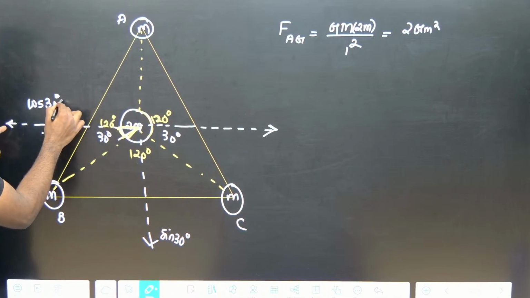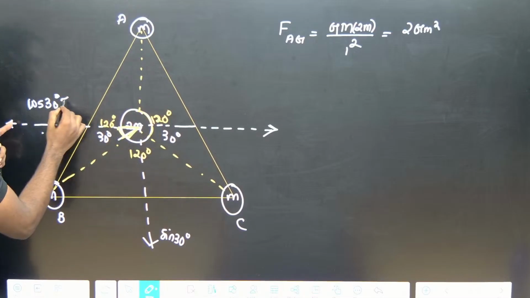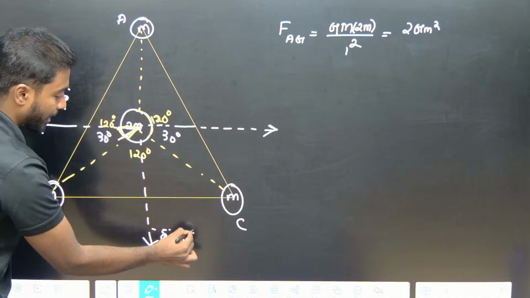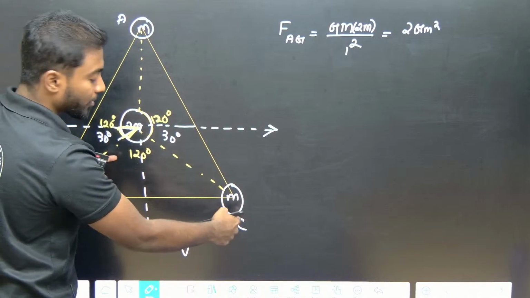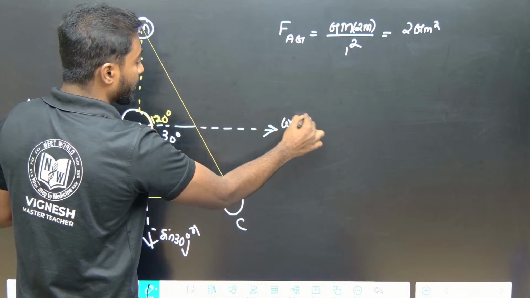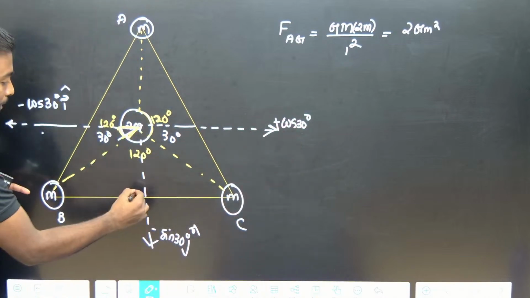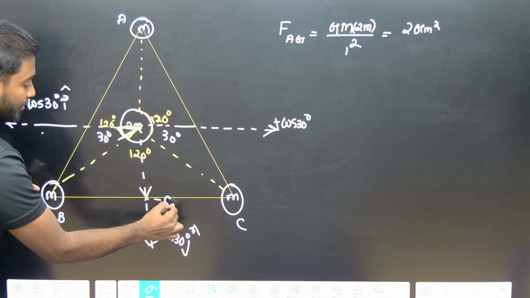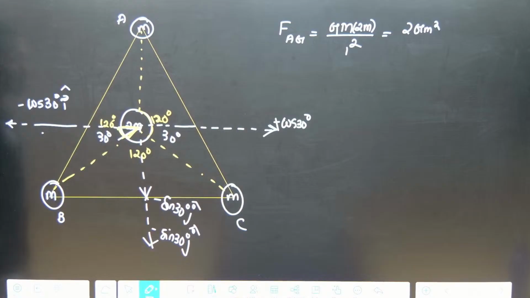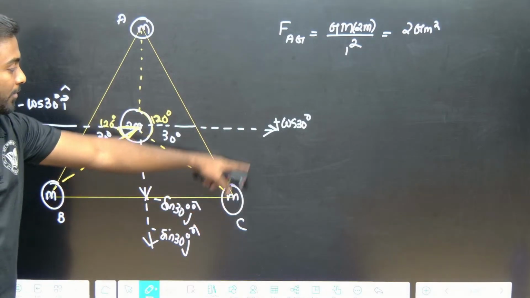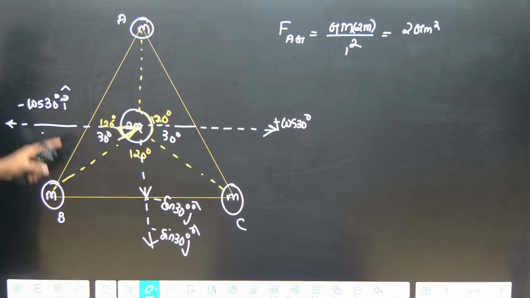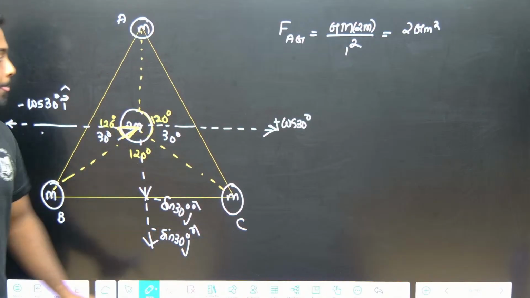Cos 30 in the minus x axis, so minus i cap, and this is minus j cap. Again here, cos 30 degree plus, and one more minus sine 30 degree j. So for C, the components are cos 30 plus and minus sine 30, and for B, minus cos 30 and minus sine 30.